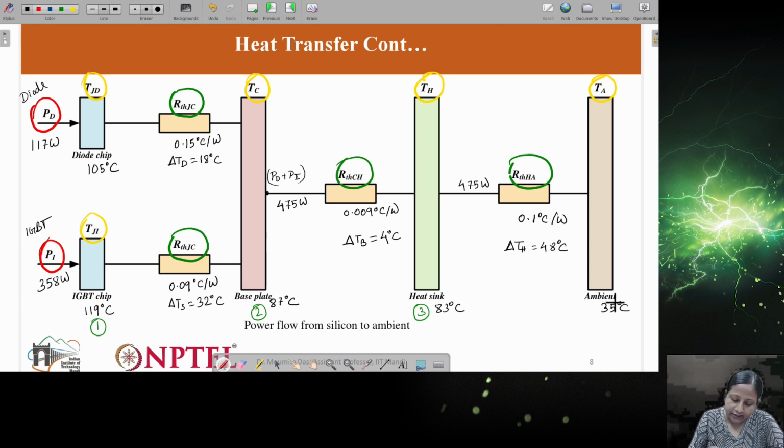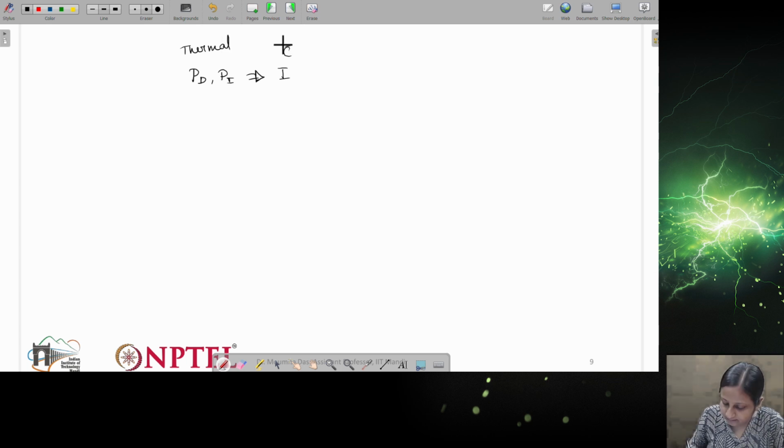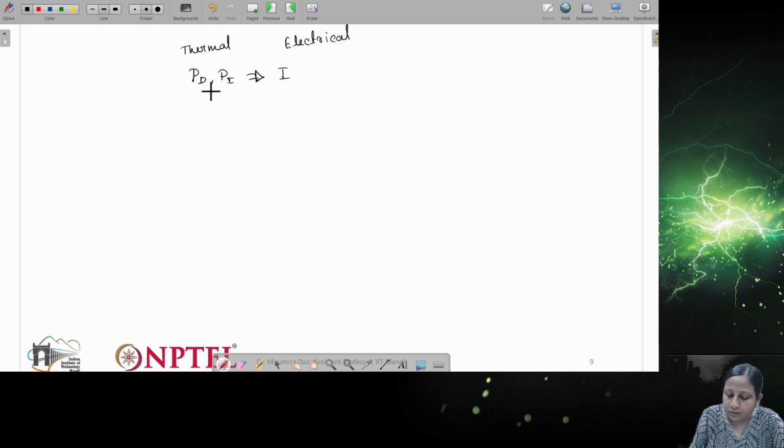So you can see here, in the next slide, let me just tell you, this PD, PI, these are equivalent to the current in electrical. These are thermal, this is electrical. So generally in an electrical circuit, current flows. Here heat flow is there. Now this will cause some voltage drop or the voltage nodes.